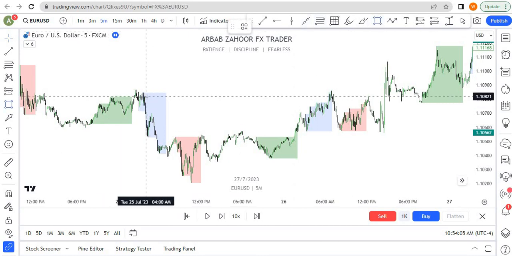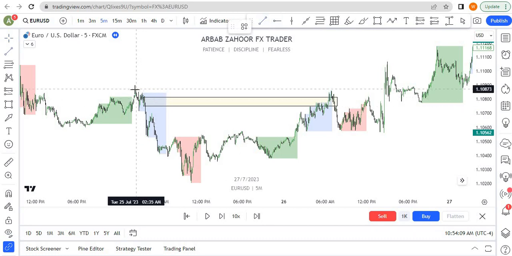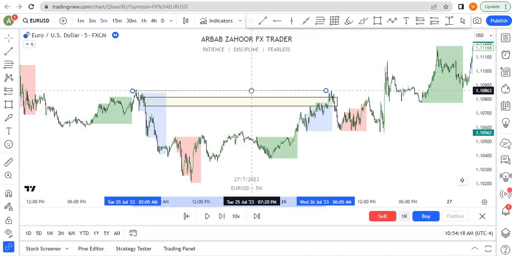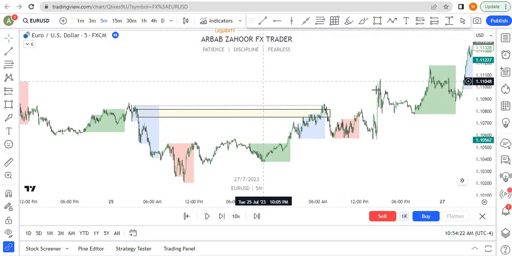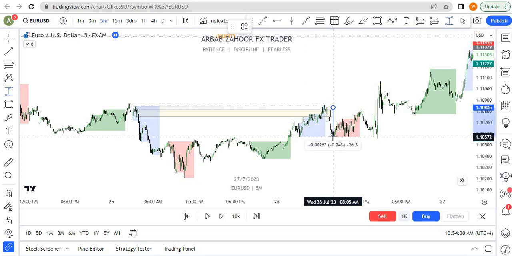Even if it's a small move, here was the order block, right? Does it take the liquidity of London? Yeah, it takes the liquidity. Here you can catch the move of the London low. That's why I tell you to mark out the liquidity area.